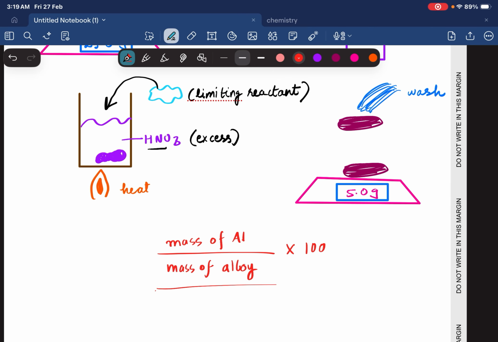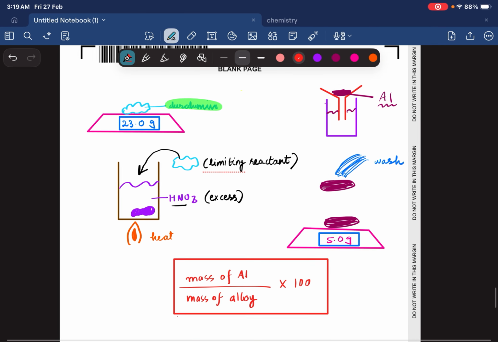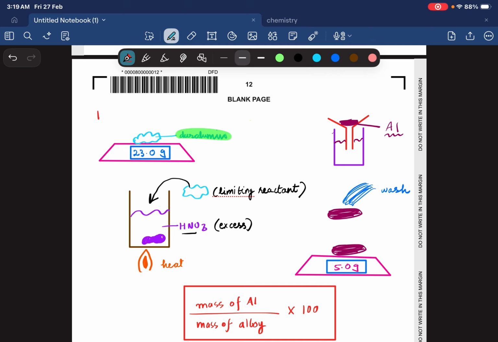After using it, we're going to have the percentage of aluminum in duralumin. And you just have to write these 5 steps in your own words. Step number 1, step number 2, step number 3, step number 4, step number 5, I'm telling you what the 5 marks are for. And step number 6 is the formula that you're going to use. Done and dusted.